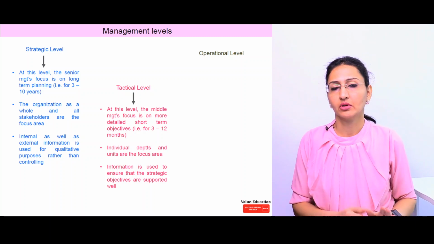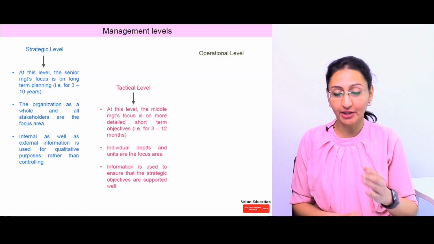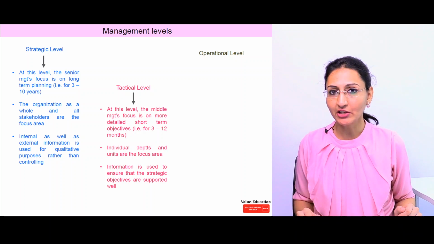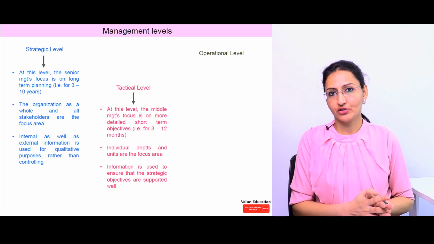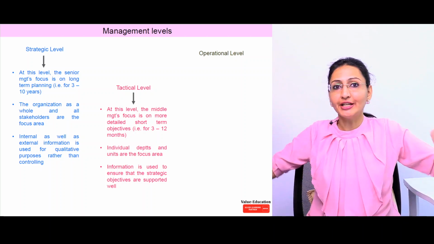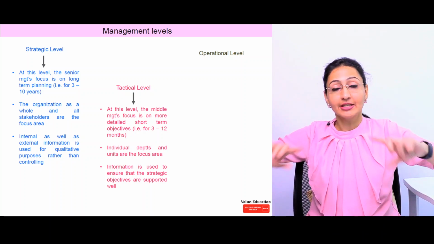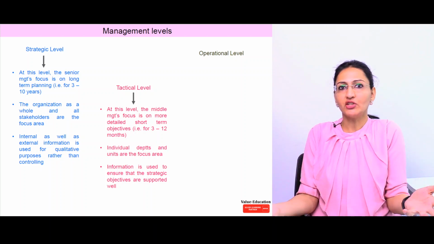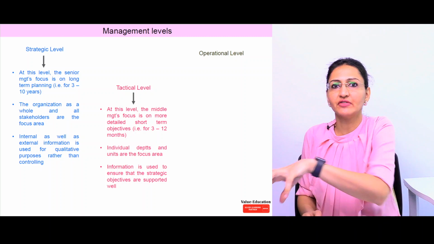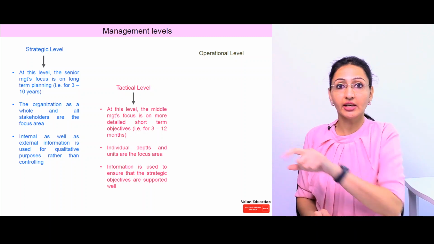Now, for them, what is the focus area? Individual departments. Because these managers will be finance manager, HR manager, marketing manager. For them, their own team, their own department is the focus area, not the organization as a whole. Marketing manager will not be bothered how the finance function is doing or if they achieve their targets or not.